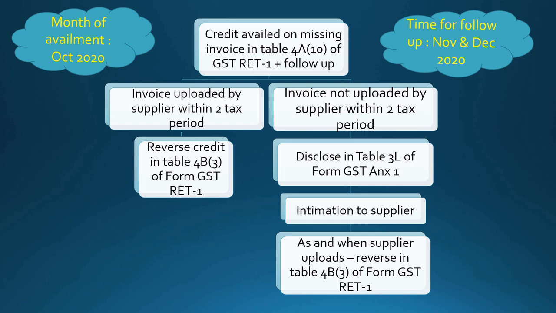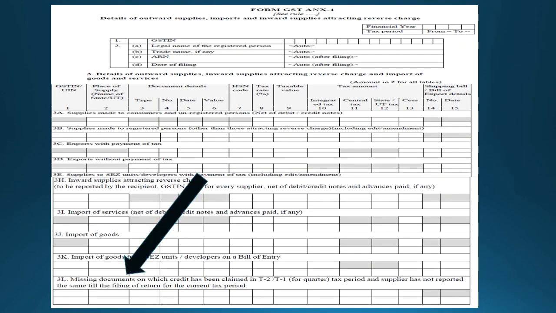Now let's look at the second possibility. The supplier does not report the invoice within 2 tax periods. So let's continue our example. When the concerned supplier has not uploaded the invoice in his form GST Annex 1 of October, November or December 2020, then the recipient has to report the same in table 3L of his form GST Annex 1 of December 2020.